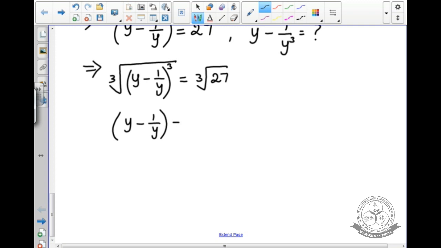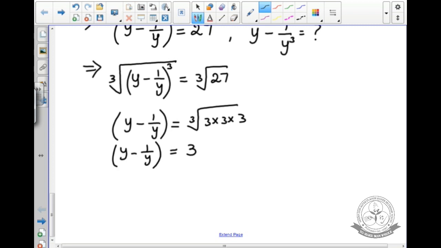Here, for the cube root of 27, we have to split 27 into 3 equal terms, that is 3 into 3 into 3. Cube root means for each 3 terms you can take one term outside. So you will get 3. So this is the value of y minus 1 by y. So y minus 1 by y is equal to 3.